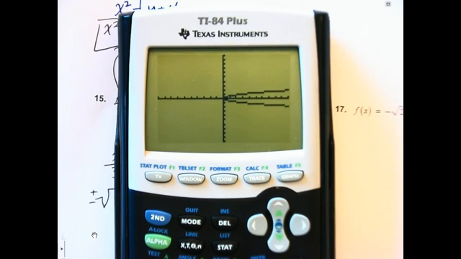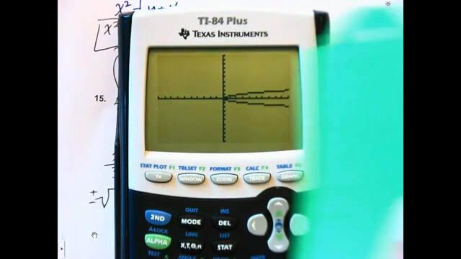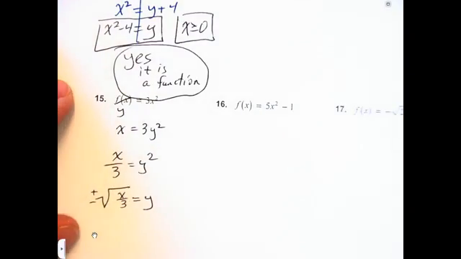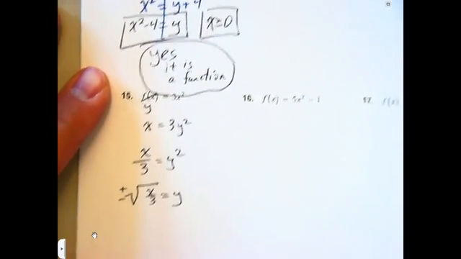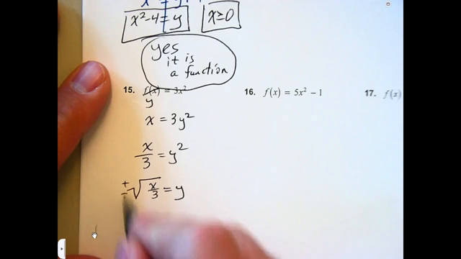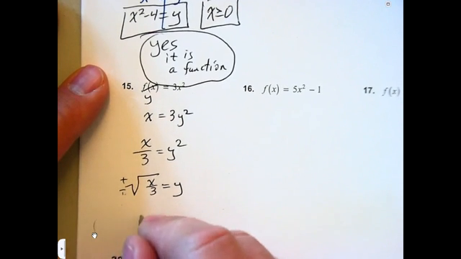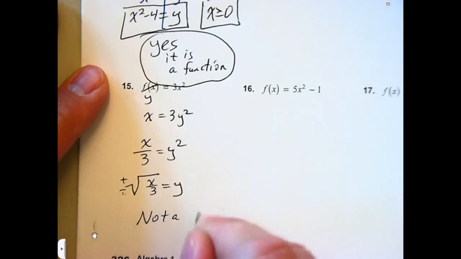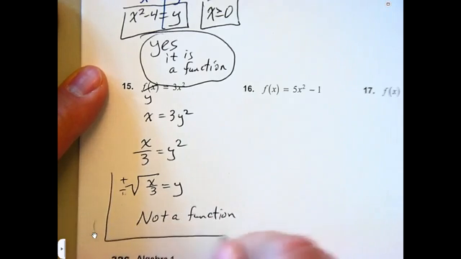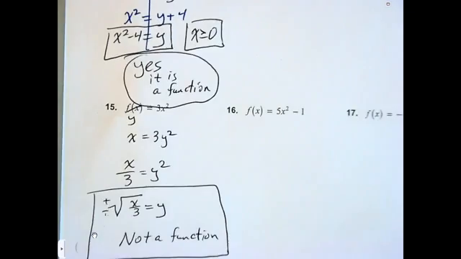Does that pass the vertical line test? No. Is that a function? No. Square roots are only a function if it's either positive or negative out front. If it's positive and negative, it's not a function. That's no fun. No function. Me and you, Jonathan, are on the same wavelength. Well done. You could be a math teacher when you get old.